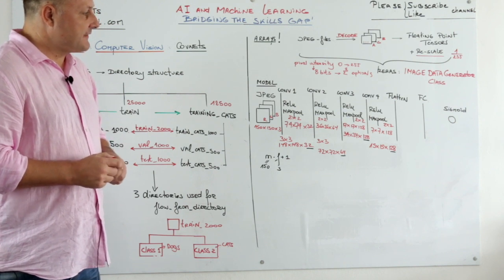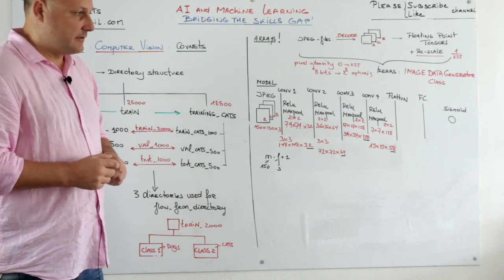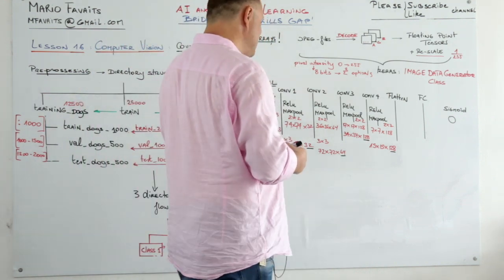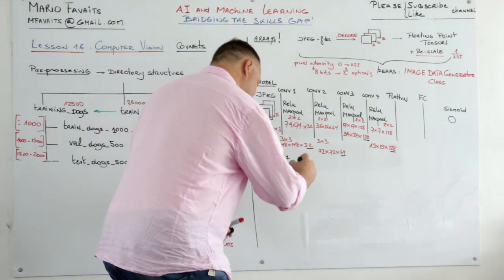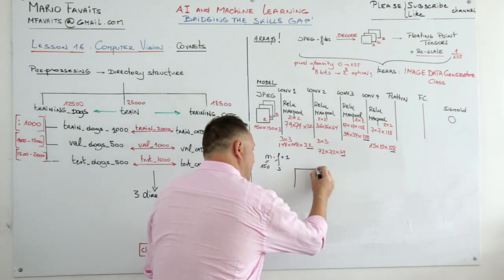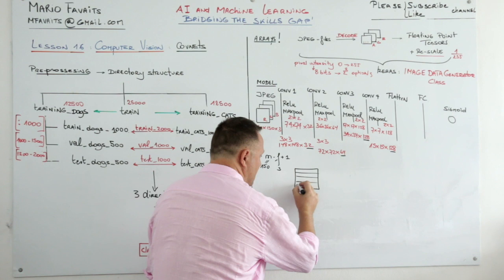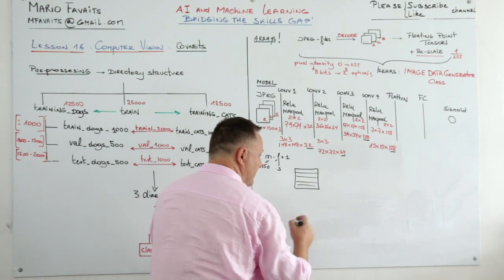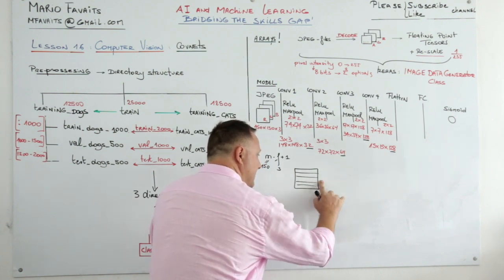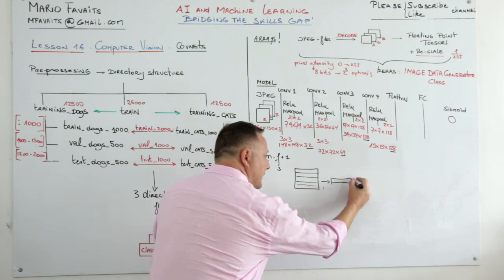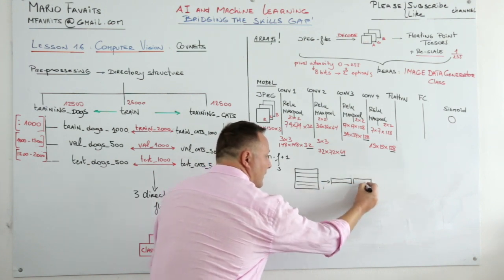So then we have a flattened layer. What it basically will do is, here you have your image, and the image is a block of numbers. Well, basically flattening is going to convert this into a linear structure.